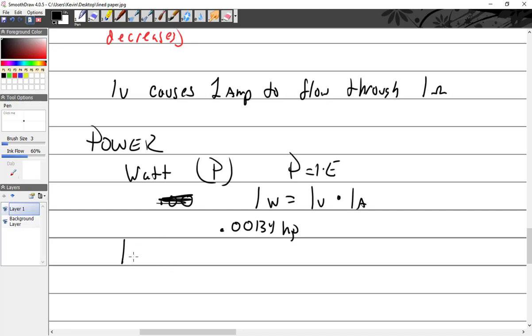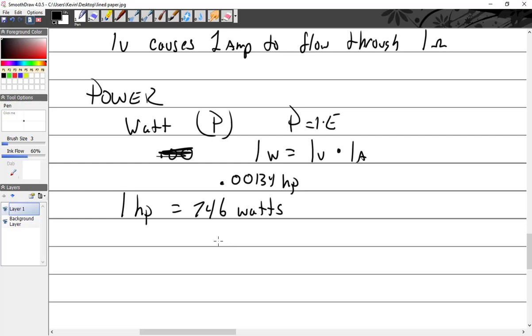1 horsepower equals 746 watts. That's not something you necessarily need to memorize, but you're going to use it a lot, so you're probably going to end up memorizing it one way or another.